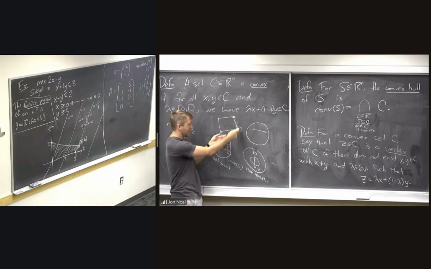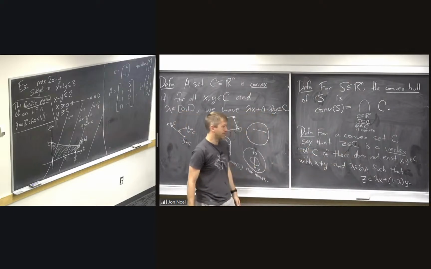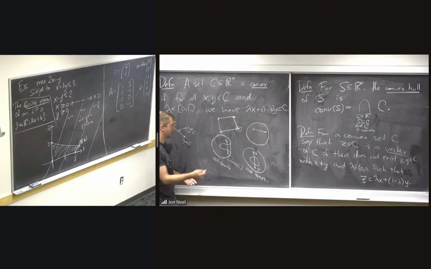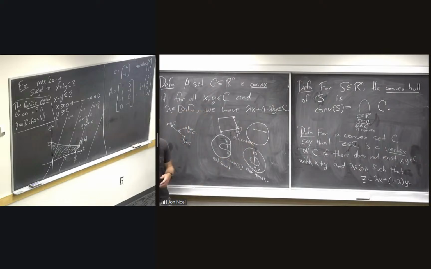I can't put a line segment around that point and keep it inside the square. It's just not possible unless the line segment starts at that point, but that's being excluded from this definition. So this would be a vertex.